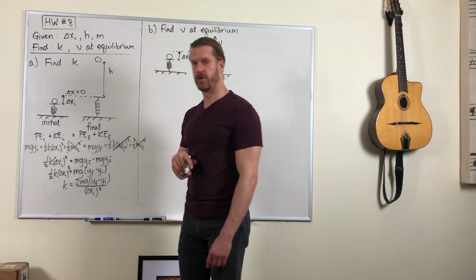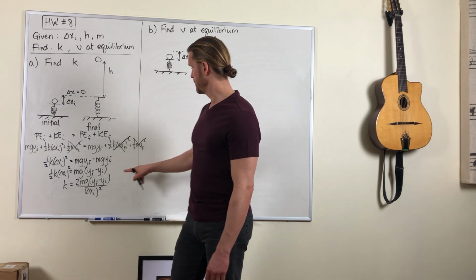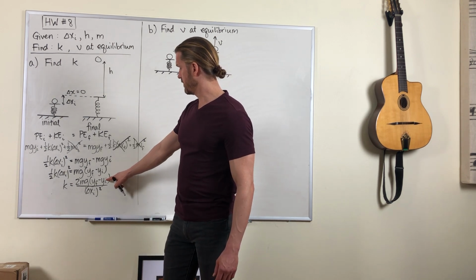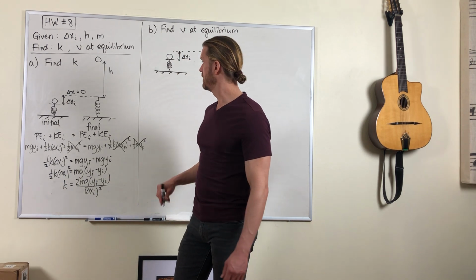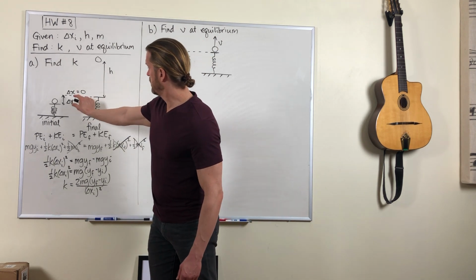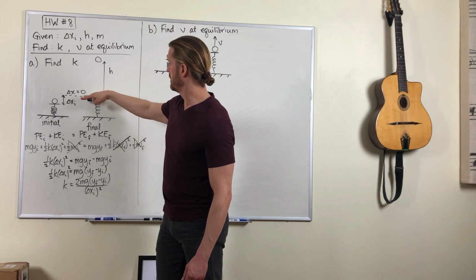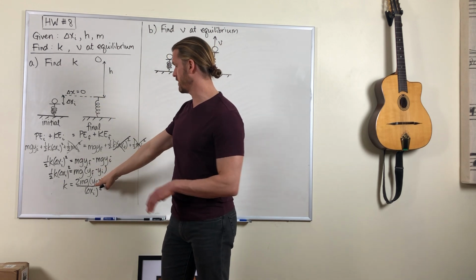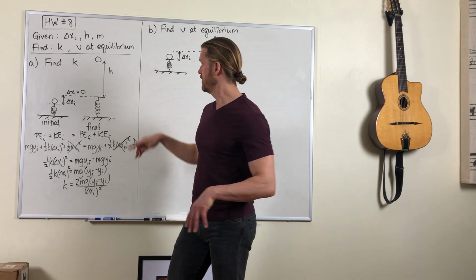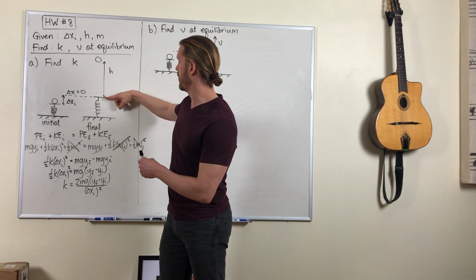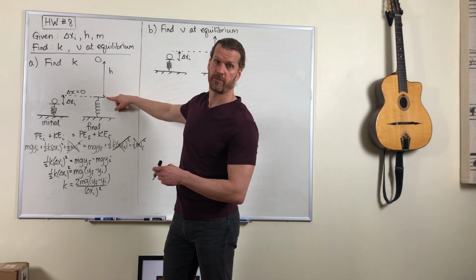Now there's one slightly tricky thing in this formula, and that has to do with y initial. The initial height, well, first of all, in gravitational potential energy, you can define zero to be wherever you want. So let's define zero height as being this equilibrium height of the spring.